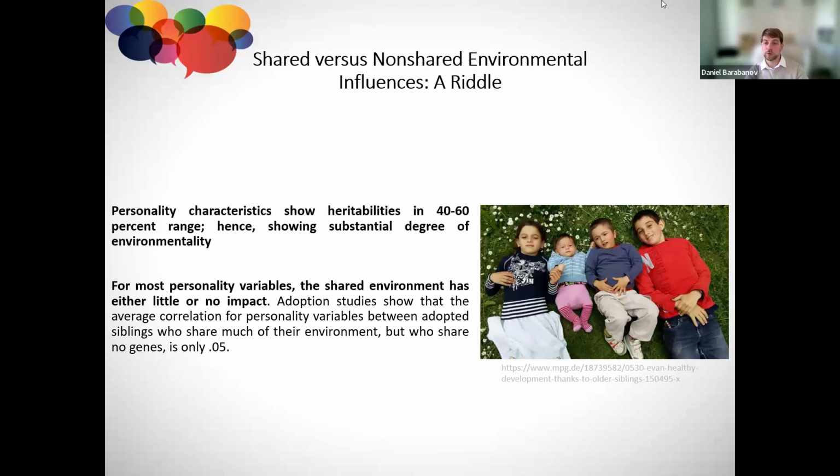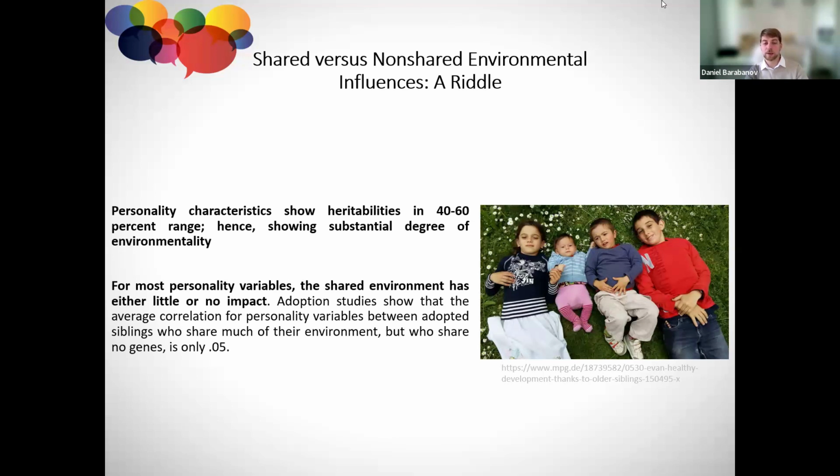Research shows that for most personality variables, shared environment is not important. It's only responsible for 5% of variation. Actually a huge result, and also surprising, at least it was very surprising for me. So non-shared environment is much more important.